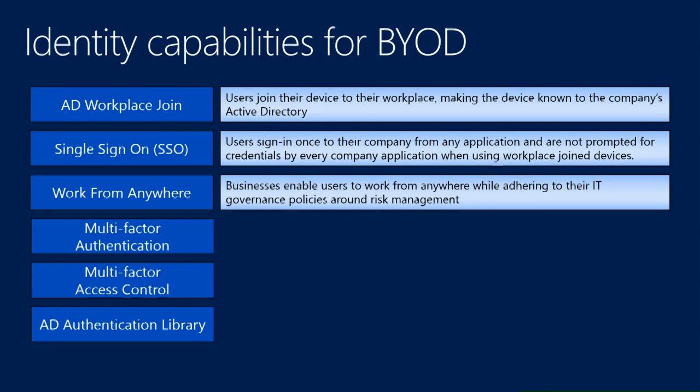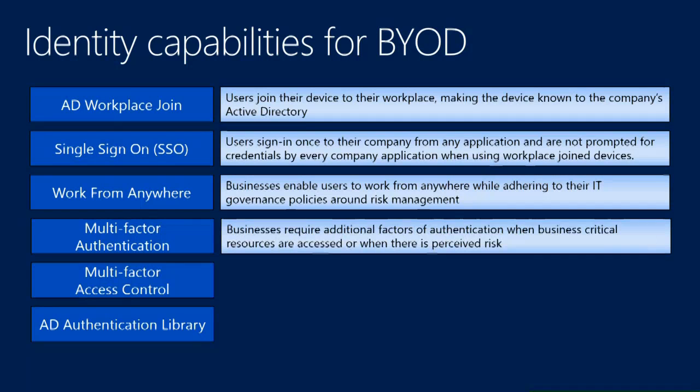This is where we have established the notion of the Web Application Proxy, a role service under Remote Access, which provides the ability to selectively publish HTTP applications or RESTful services to your devices and the internet, and authenticate them with Active Directory with all the policy mechanisms that I just described. So that is something from the perspective of work from anywhere. I'll be talking more about the Web Application Proxy.